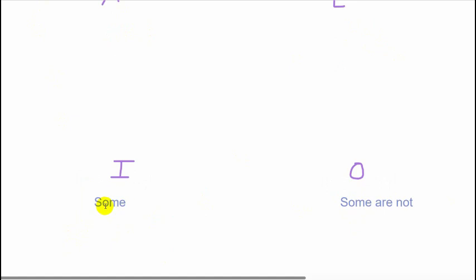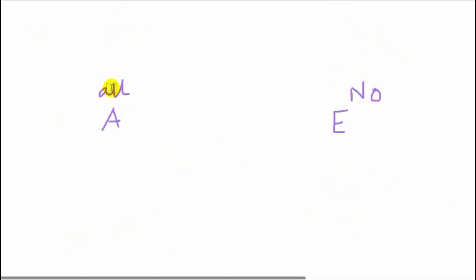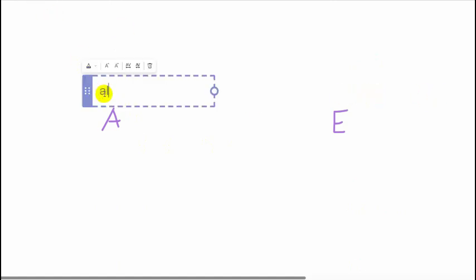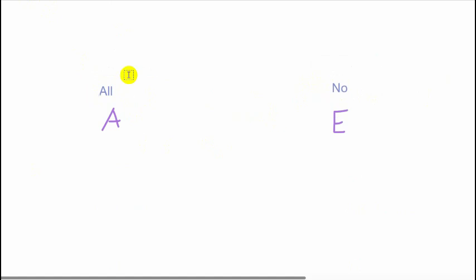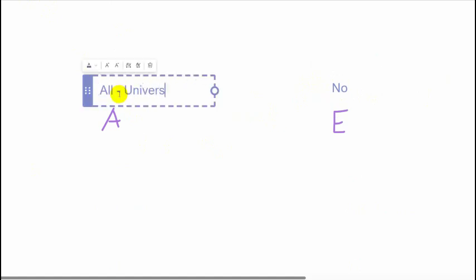This one stands for some are. This stands for all. This stands for no. Now, A is universal affirmative. The E is universal negative.